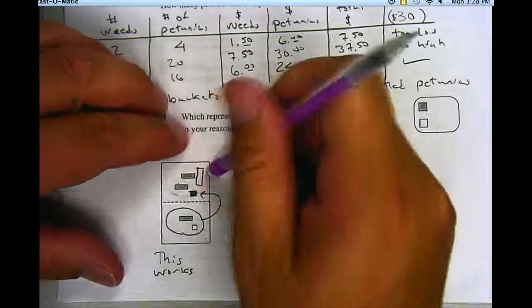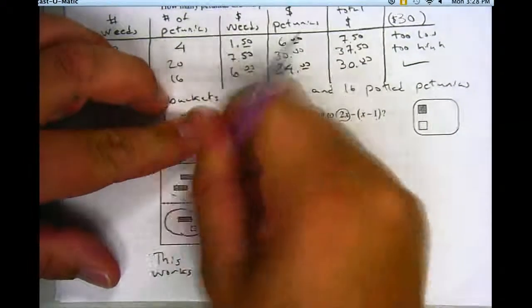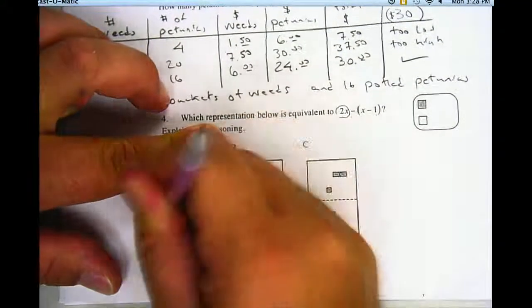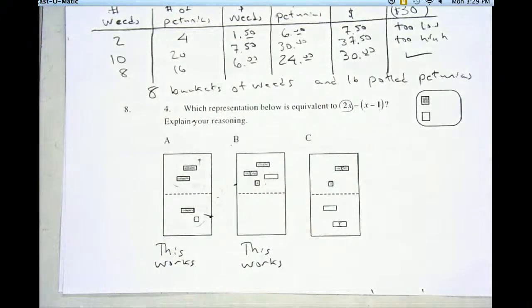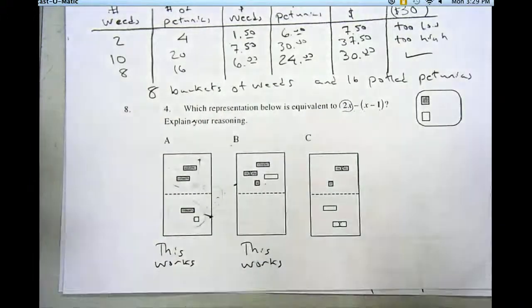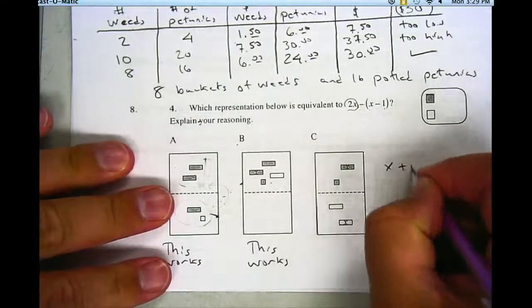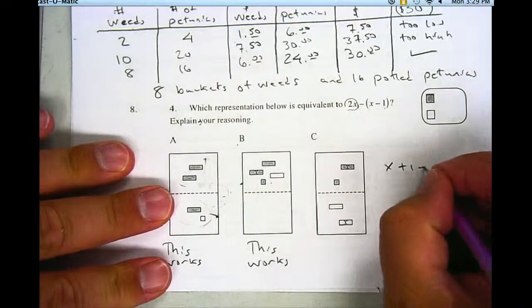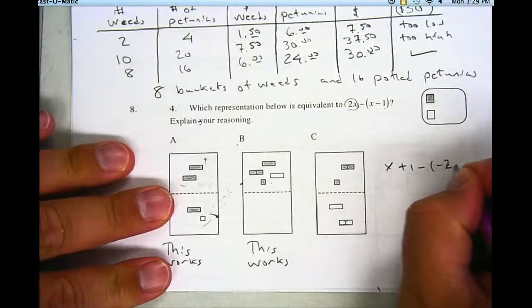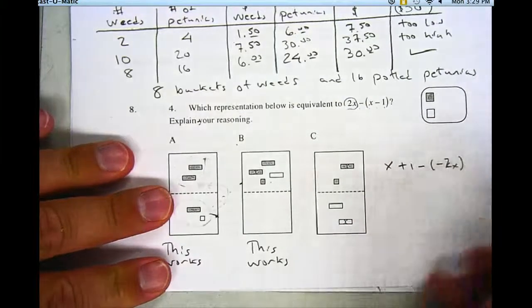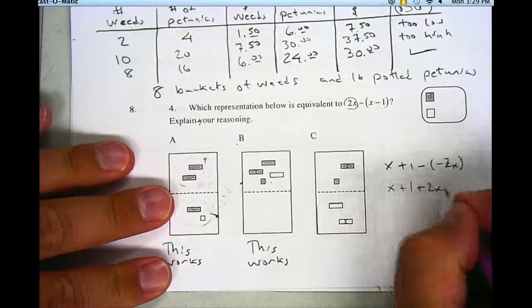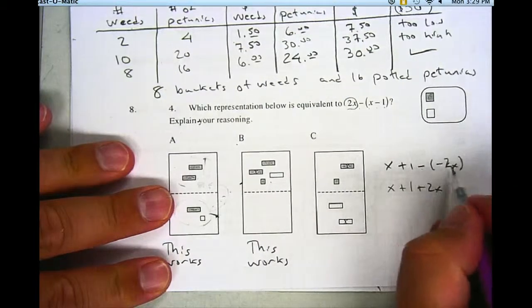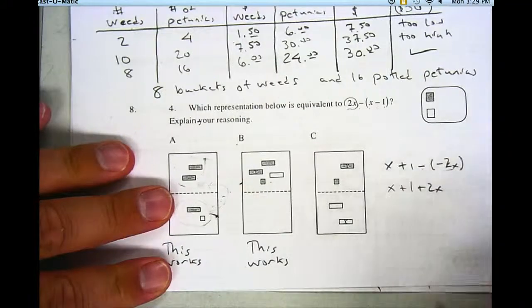I'm going to erase what I've written down here because I just redrew it. But I just kind of was showing you that both A and B work. Now C, this is x plus 1, and then in the negative field I have negative 2x. Well, a negative in the negative field is going to be x plus 1 plus 2x, because a negative in the negative field is just like a positive.